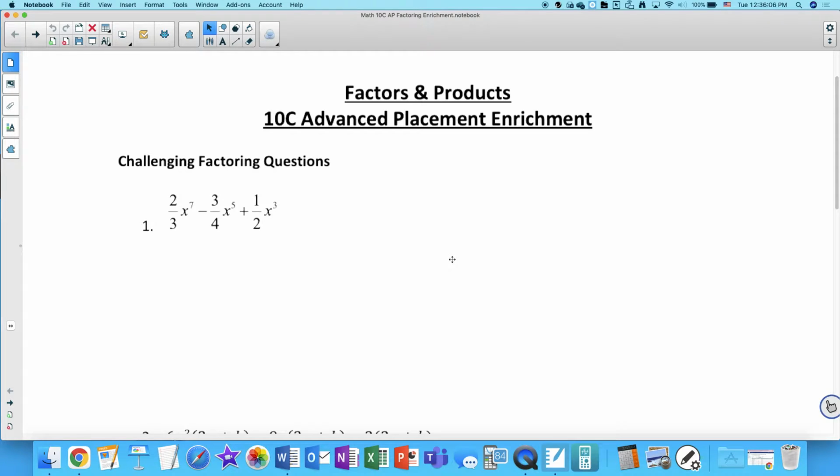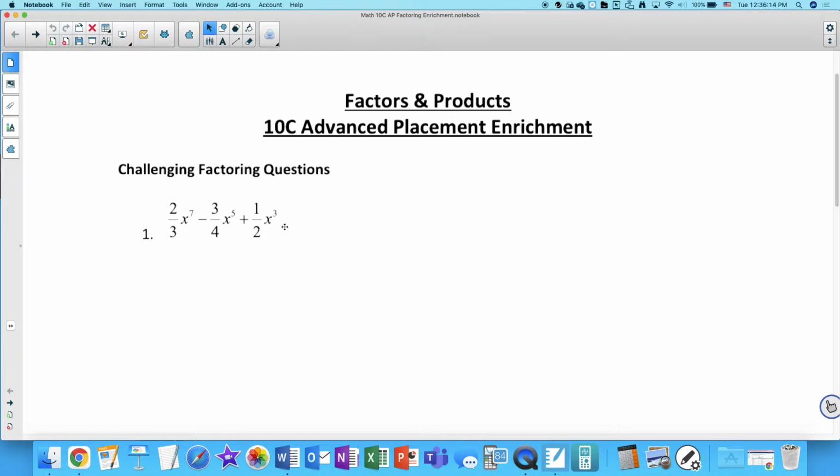However, if we look at all of the fractional coefficients, then we can think about writing these using a common denominator. What would the common denominator be between 3, 4, and 2? 12. Yeah, it's 12, okay?